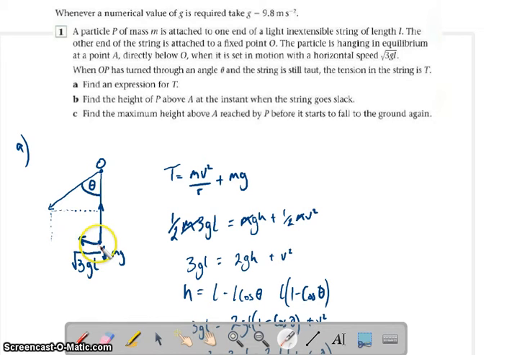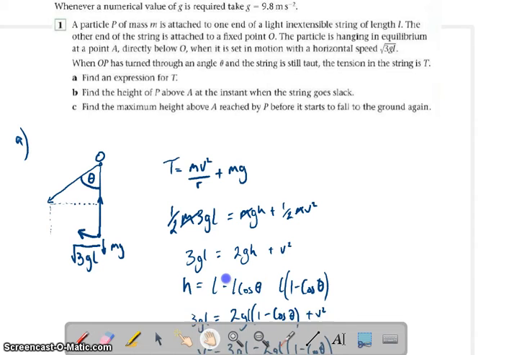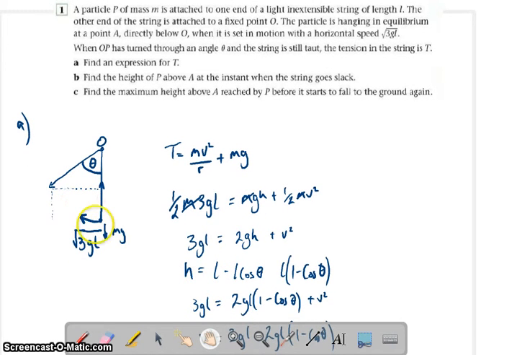Now, as the particle rises, you're going to be gaining some potential energy, but the velocity is going to be decreasing, so the total is going to remain constant. The height is going to increase.